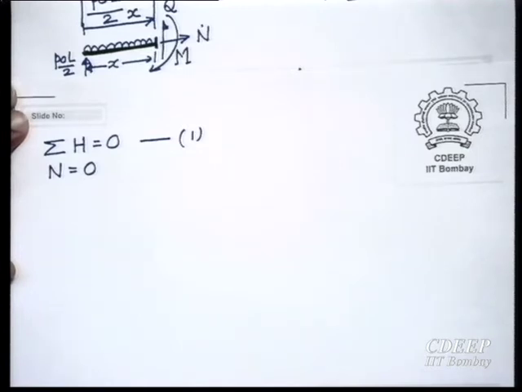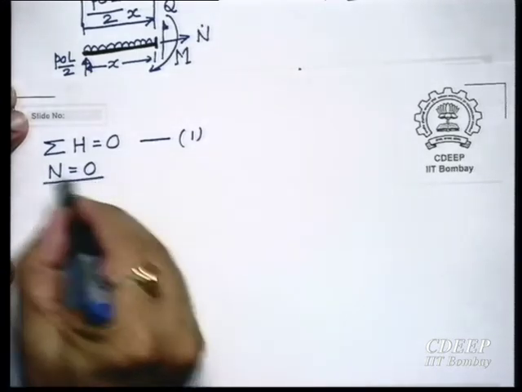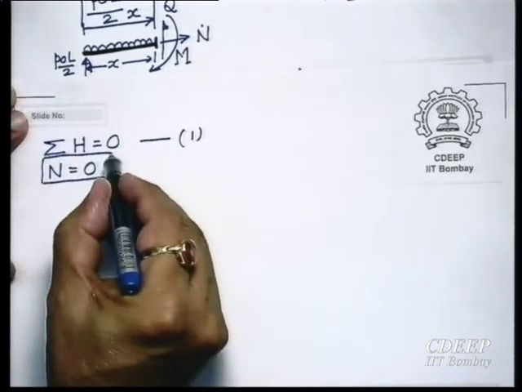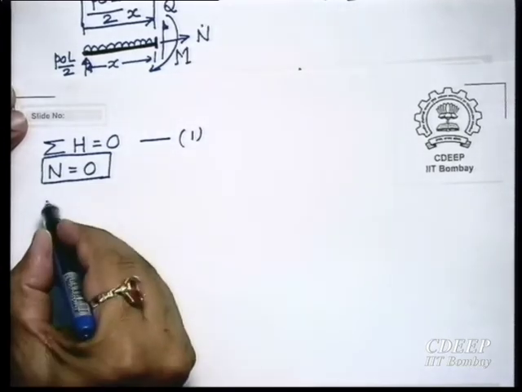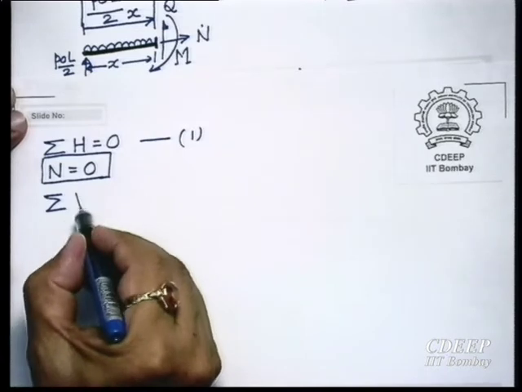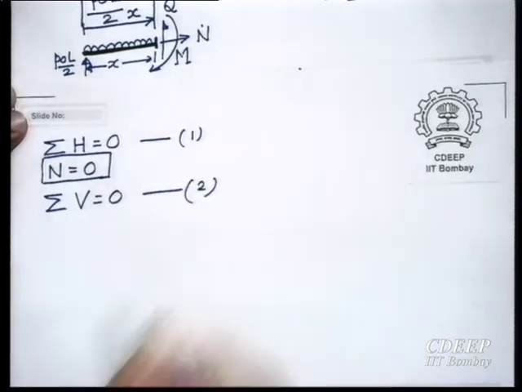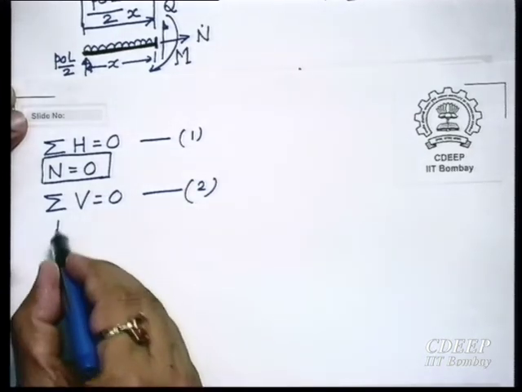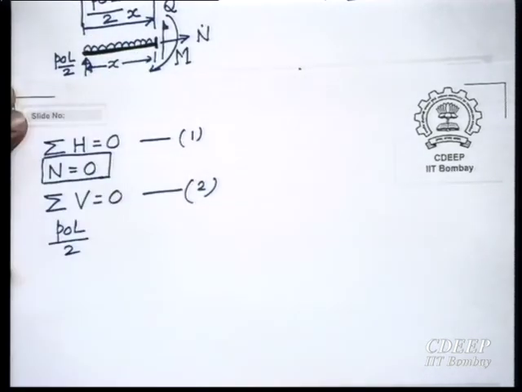So n is 0; there is no axial force. Vertical, sum of all vertical forces equal to 0. This is my second equation of equilibrium, and you get here P naught L by 2 as vertical force in z direction, so I am taking positive.